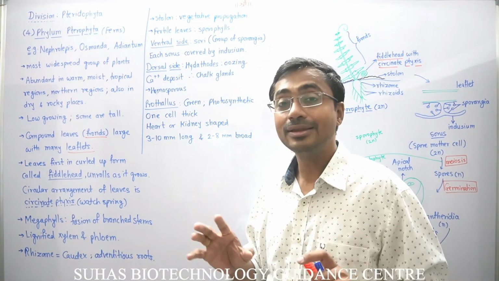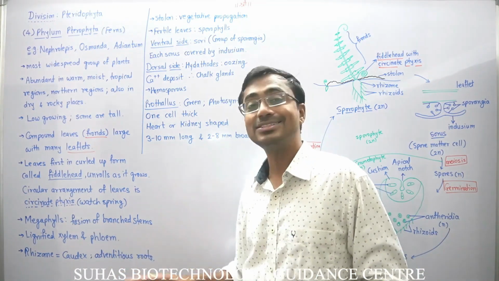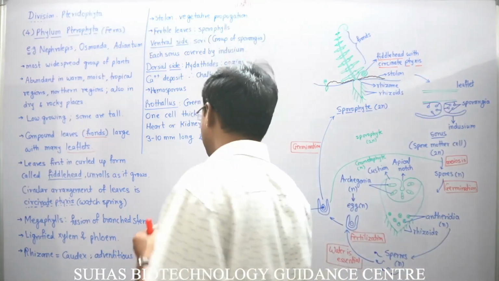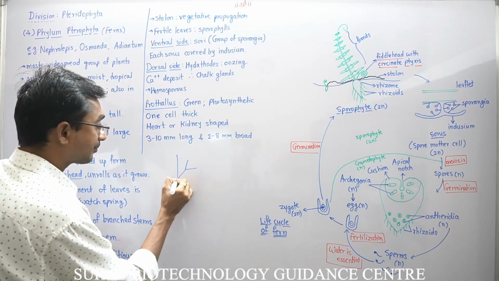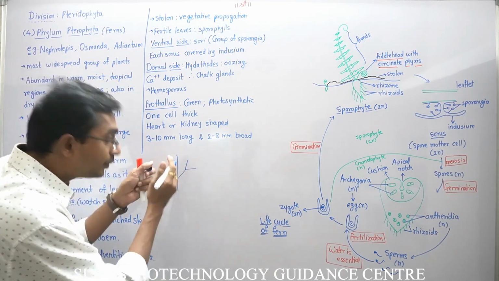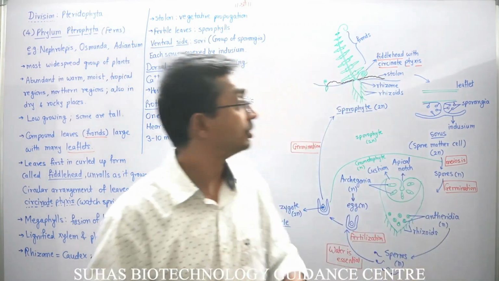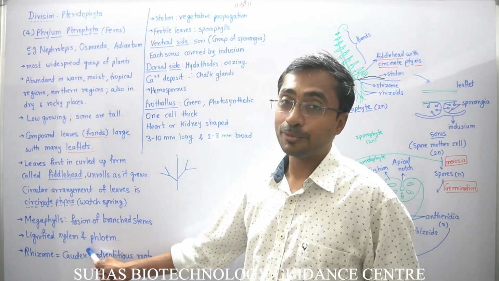And it has been thought that they are formed by fusion of branched stems during the course of evolution. So initially it might have happened that these were branched stems, and they might have fused with each other, forming such leaves. And now this is the most important point.